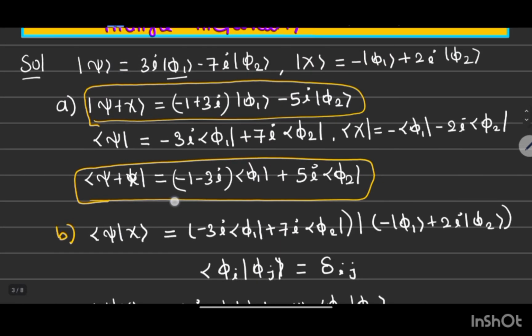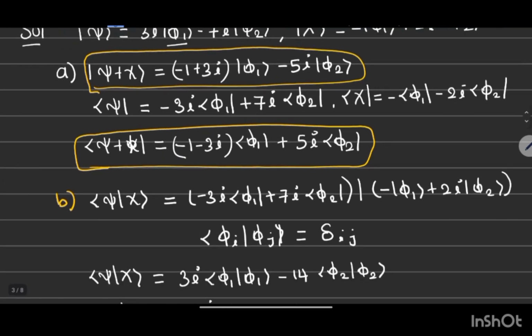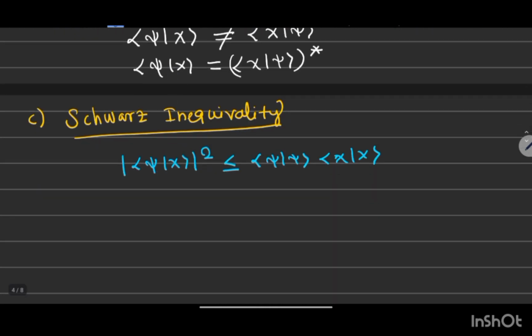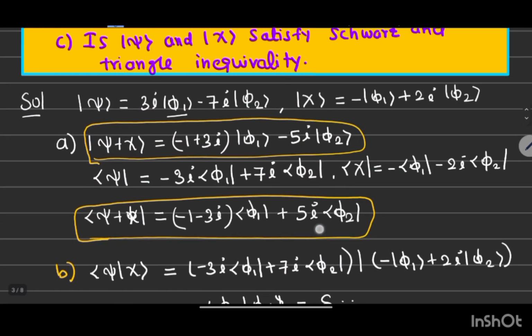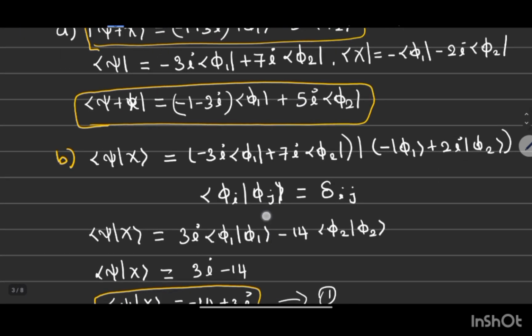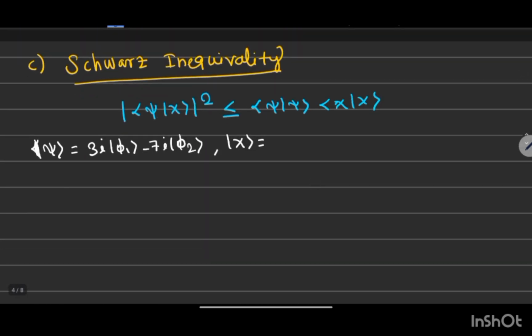So psi is 3i minus 7i, and chi is minus 1 times, plus 2i times 2.